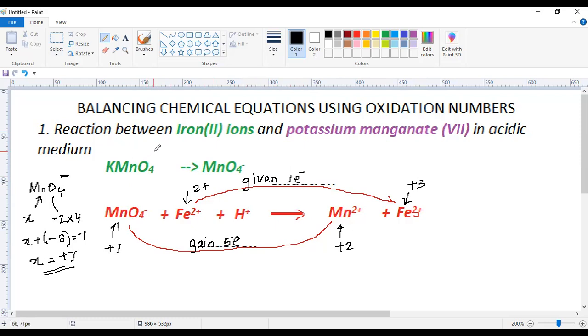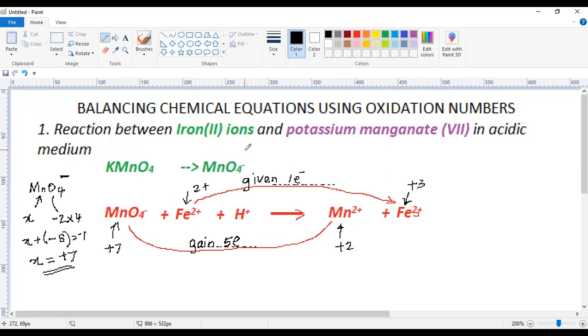What I told earlier was, in a chemical reaction, in a redox reaction, when one atom gives some electrons out in an oxidation reaction, the substance which is reducing has to get those electrons. The same number of electrons must be given and the same number of electrons must be taken.